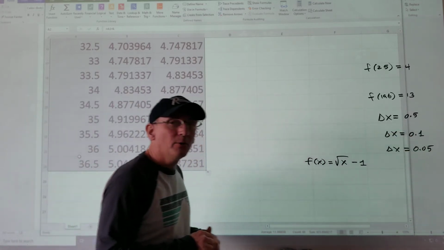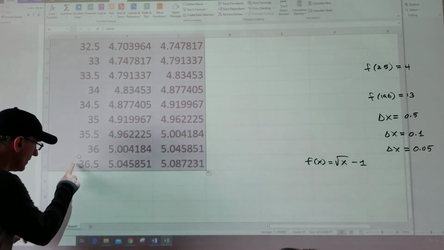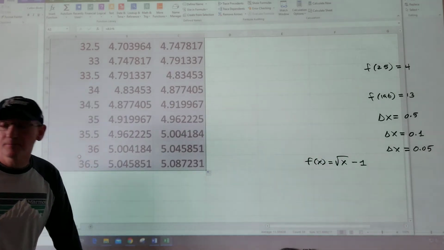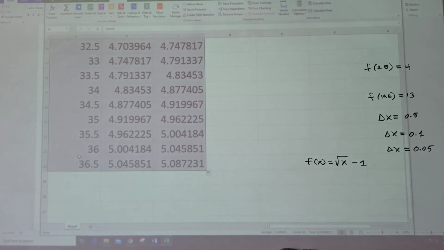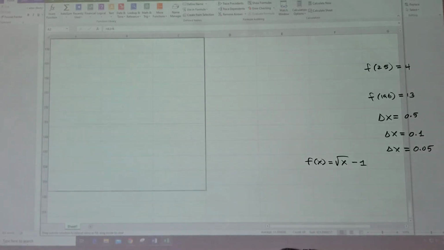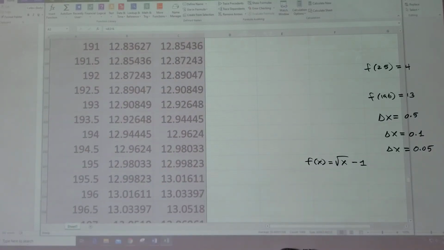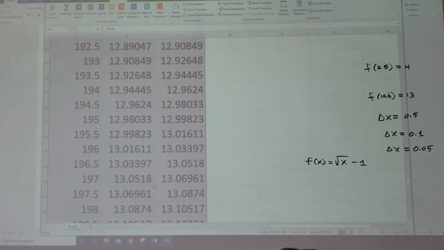Now, we have to do a lot more dragging and scrolling to get all the way to 196. So let's give that a shot. We went way too far, but that's okay, because in a minute you're going to have to go farther than that.